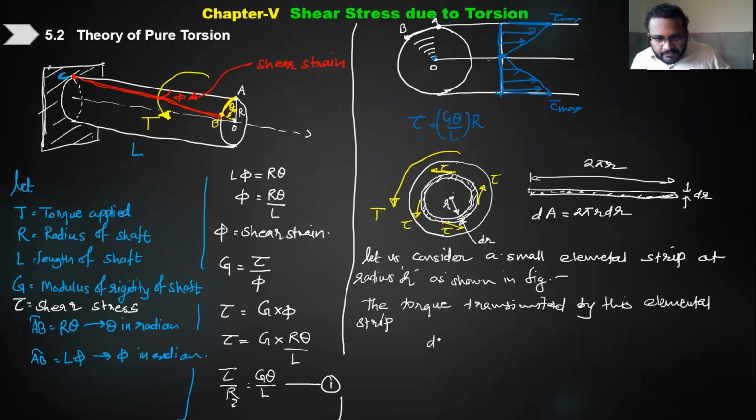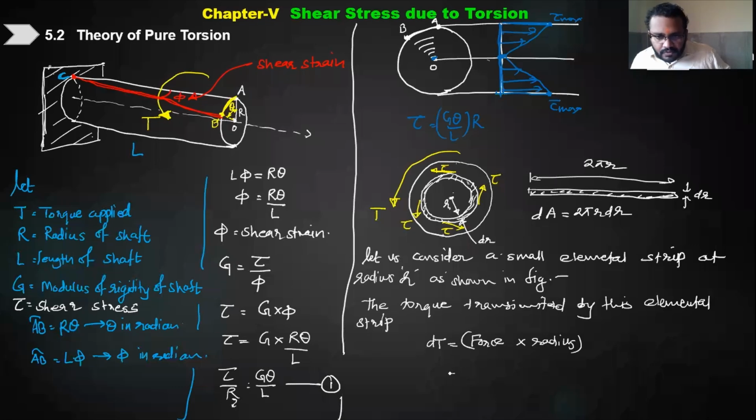तो very small amount of torque dT लिखते हैं, वो क्या होगा? टॉर्क क्या होता है? टॉर्क होता है फोर्स मल्टीप्लाई बाय रेडियस, इज इट नॉट? ये सिंपल फॉर्मूला सबको पता है.